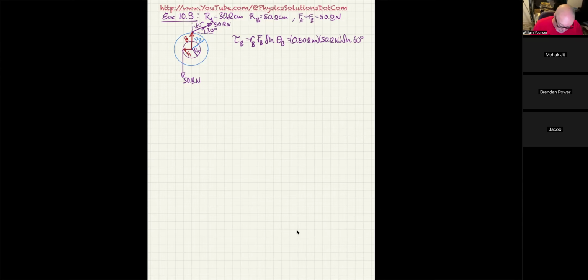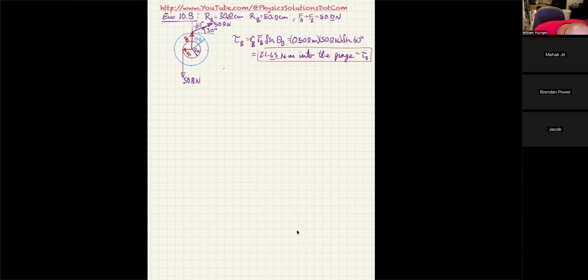So 0.5 times 50 times the sine of 60 gives me 25 root 3 over 2, which is 21.65 newton meters into the page. Okay, so that is our torque sub B. I'm going to box it off just so it'll be easy to find, even though that's not the final answer.